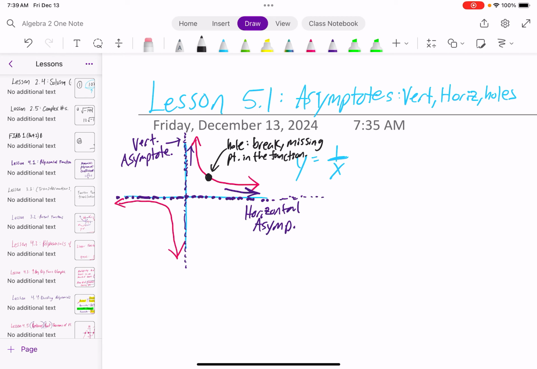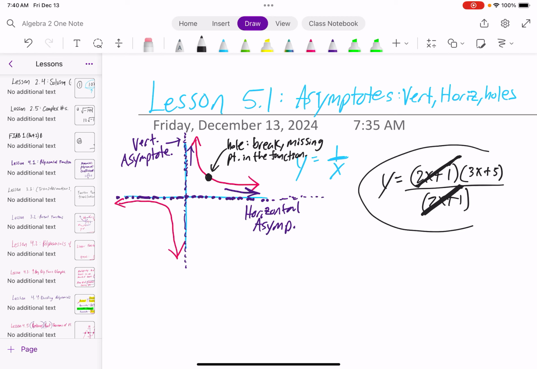And holes happen when you have a function, like let's say you had y is equal to (2x plus 1) times (3x plus 5) over (2x plus 1). Well, these two cancel. And whenever you have something canceling on the top and the bottom, it creates a hole, it creates a missing piece for the y function.